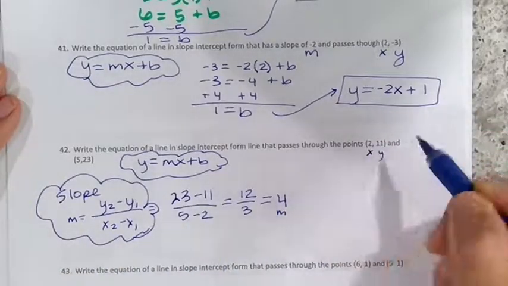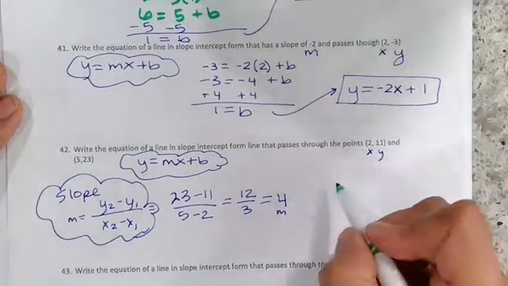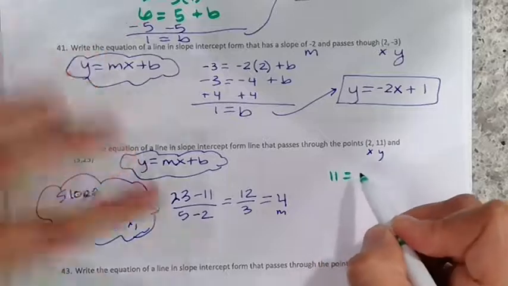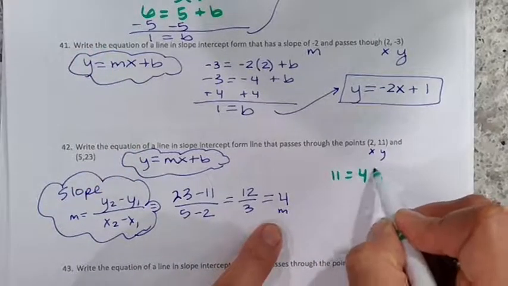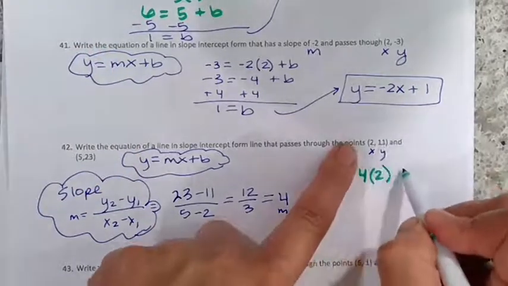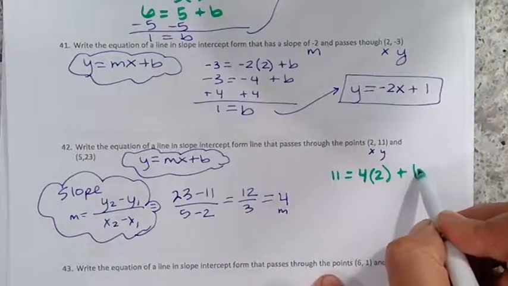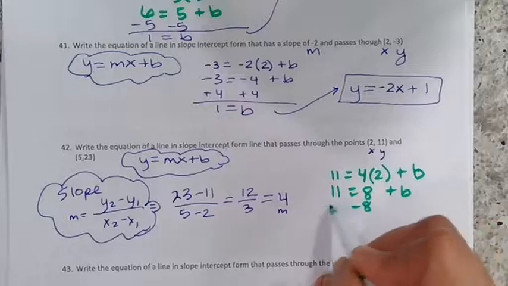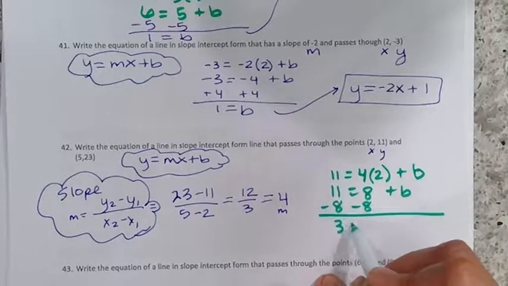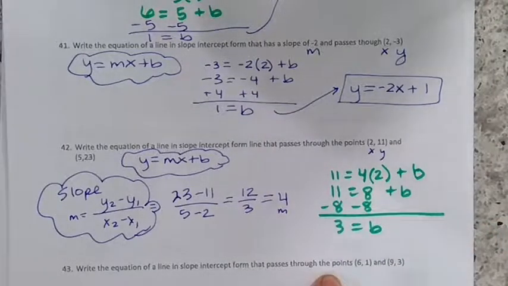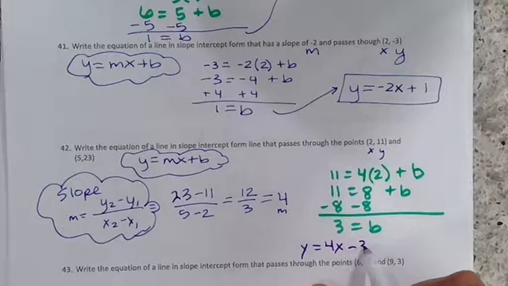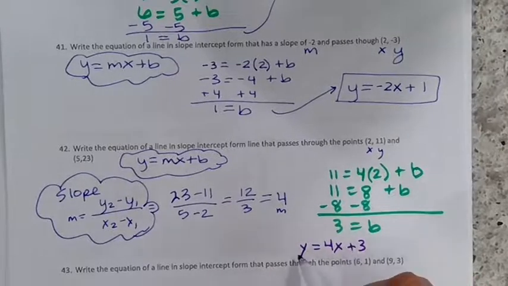Definitely (2, 11) is going to be a little bit easier. So then we go to our y value is 11, our slope was 4, our x value was 2, plus b is what we're trying to solve for. Do the math. Final answer is going to be y equals your slope 4x plus 3.